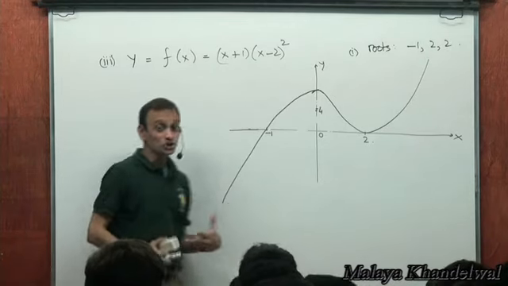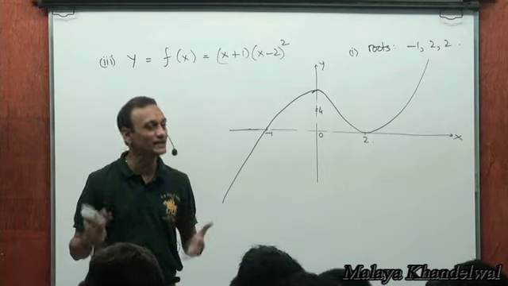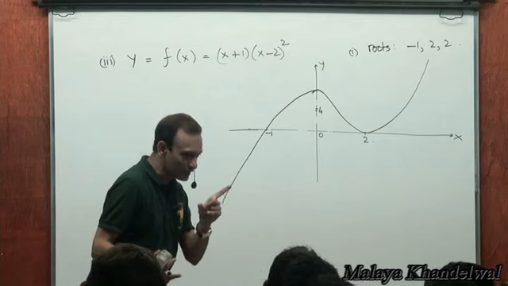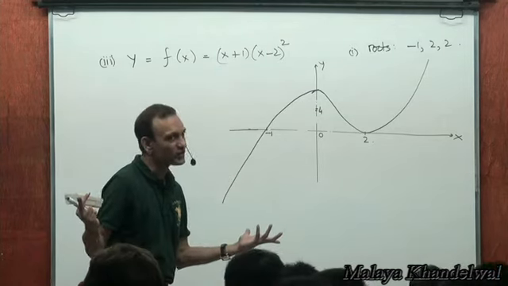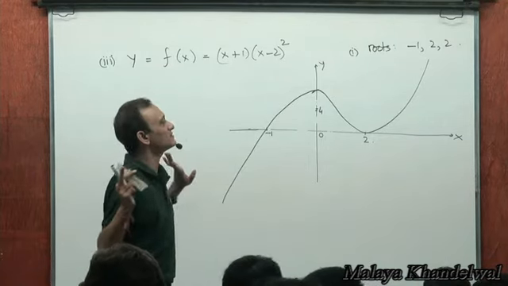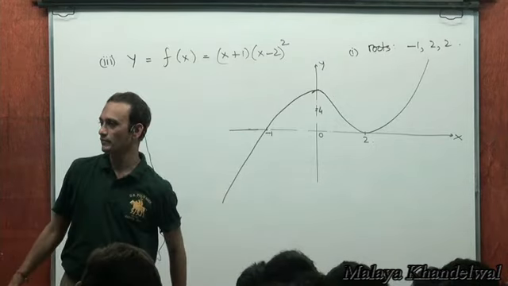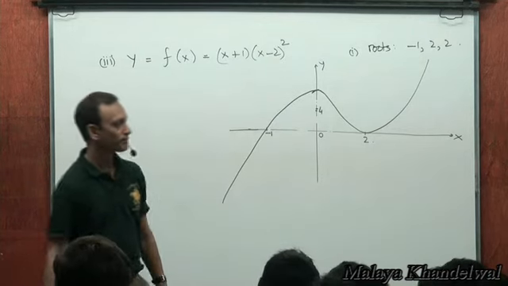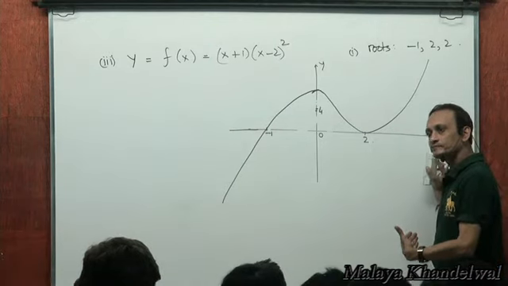Again, if you're naive, you would differentiate and check where the function is increasing or decreasing, but in this case actually there is no need. If you know that there is no further turning point, then it must exhibit monotonicity. So don't differentiate one more time and check where it's increasing, where it's decreasing. This is it. This is the graph of y equal to x plus 1 into x minus 2 whole squared. This much, right? Can I wipe this off?